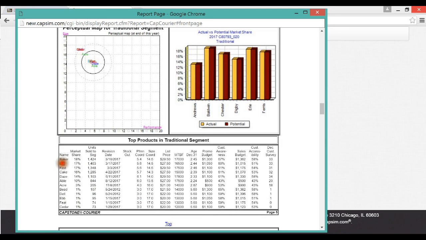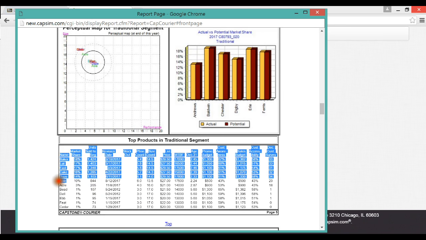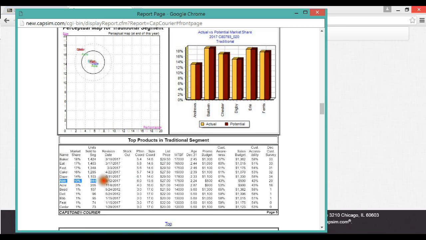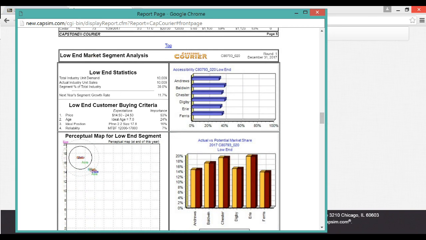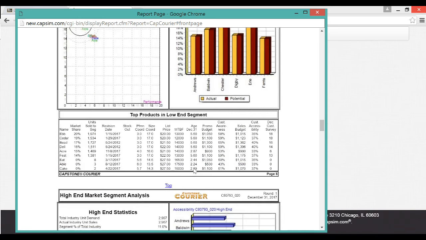These are all my competitors, and you're looking for the one that starts with A. So here's mine, Able, and I have the lowest market share, 10%. And then you can do the same thing for each of the others. So here's the low-end market segment. You'll see that my market share is about average here.